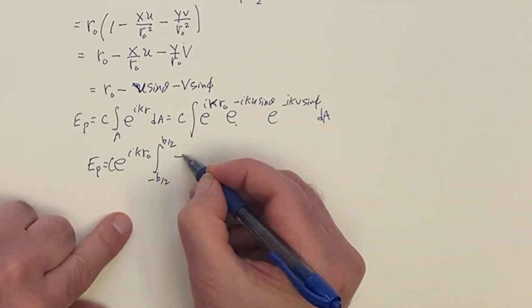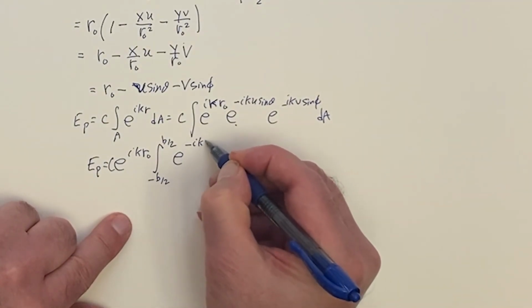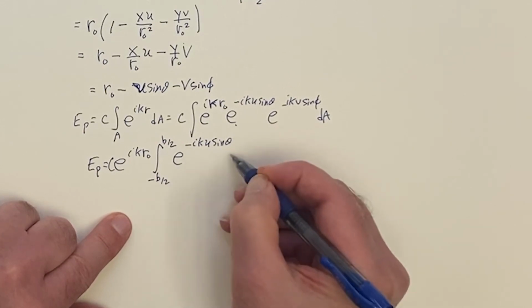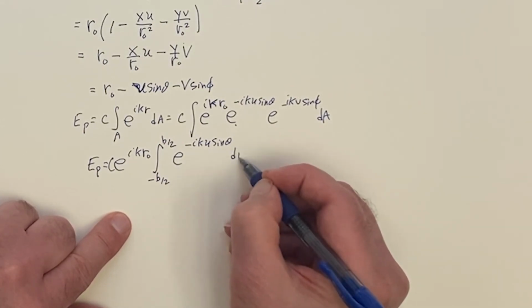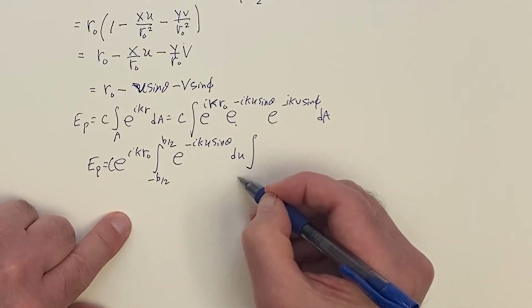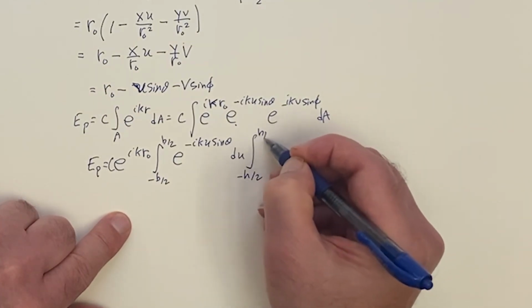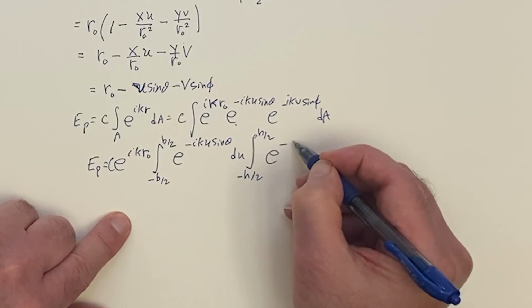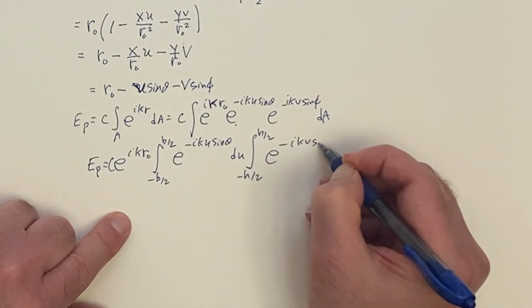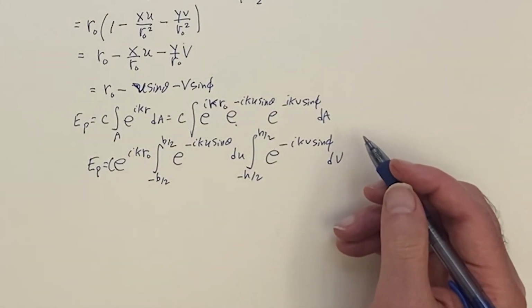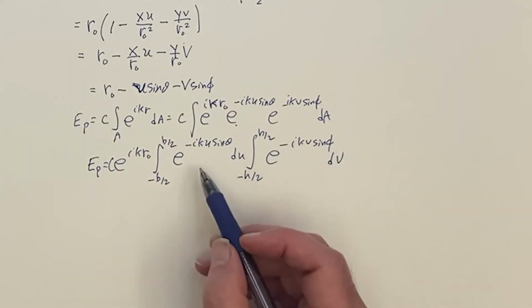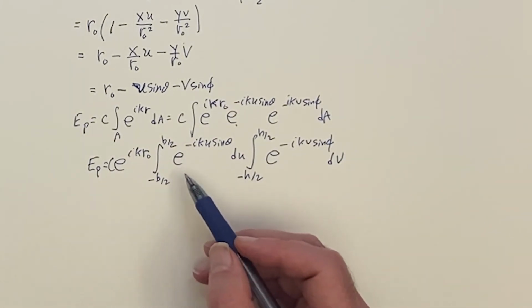So we'll pull the u one out, e to the minus k u sine of theta, and that would be then here the du, and then from minus h over 2 to h over 2, we have e to the minus i k v sine of phi. Now, you might want to worry about this and say, wait a minute, last time we had a plus sign here, now we have a minus sign.